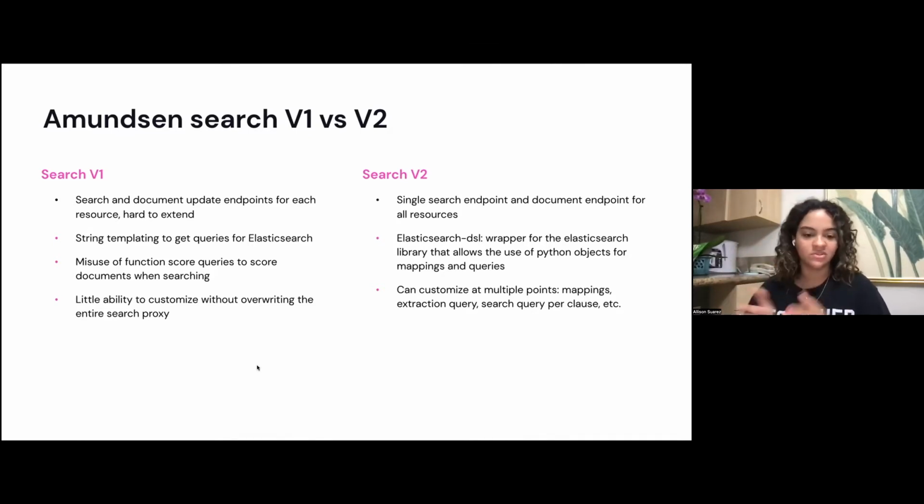We can customize the extraction query, so from extracting from your database, let's say in our case it's Neo4j, and writing into Elasticsearch. And we've made it so you can overwrite the search query per clause, because we're using a Boolean query. So you can just replace specific parts of the query to get a better search experience that works for your particular use case if you want to.